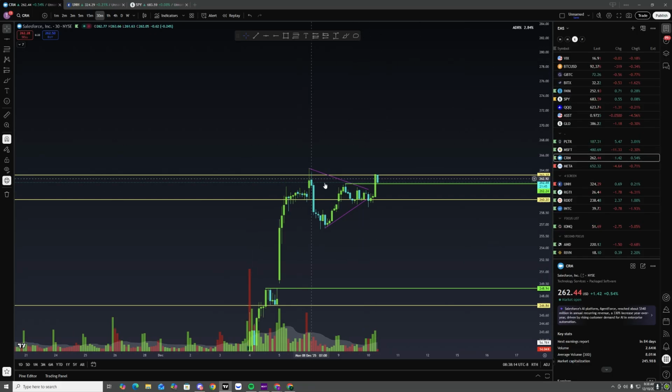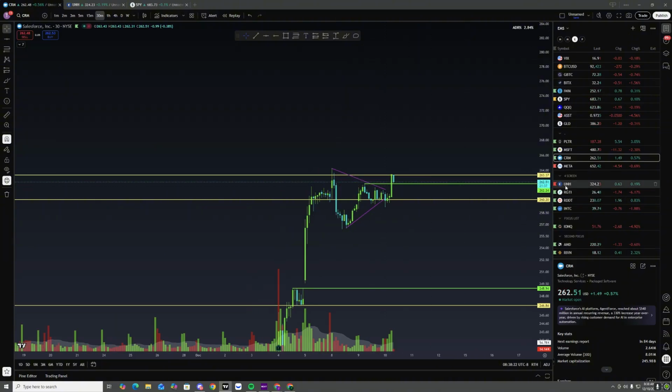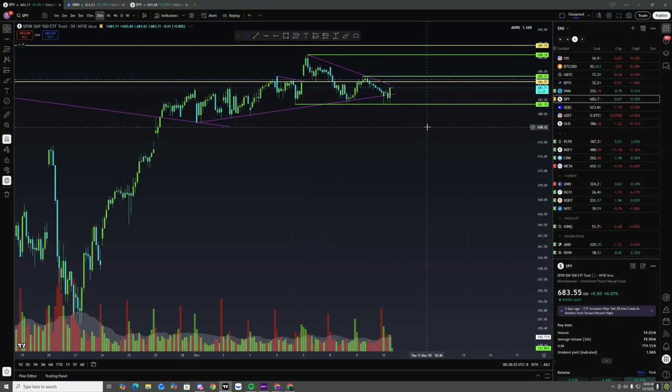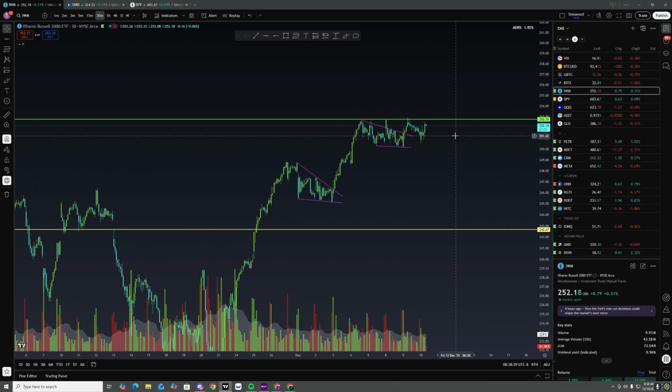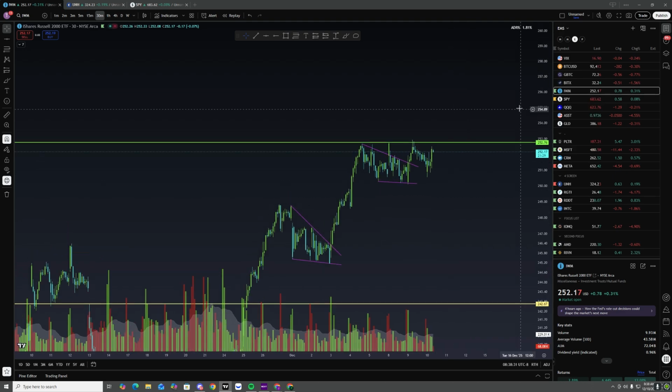So again, this is another pennant, higher lows, lower highs, breakthrough on big volume, and into the zone above, which it would have worked out, so that was nice.